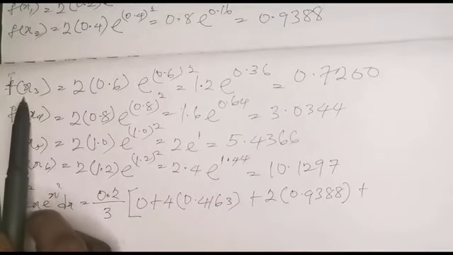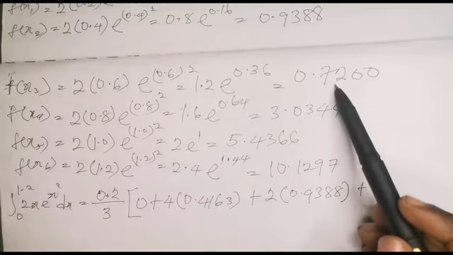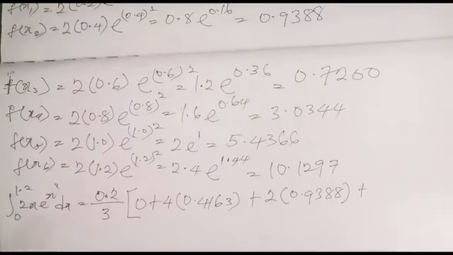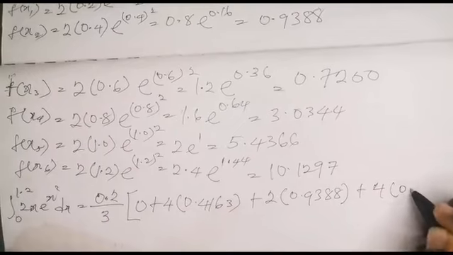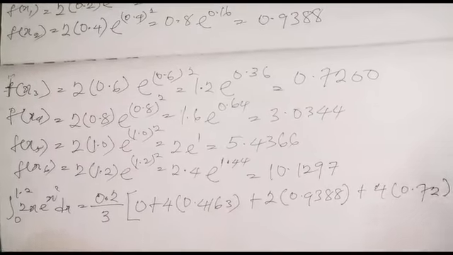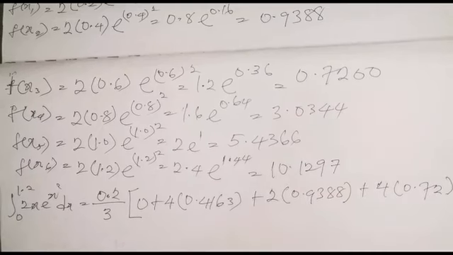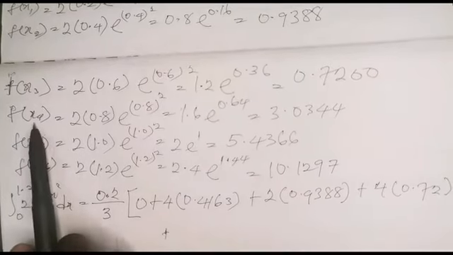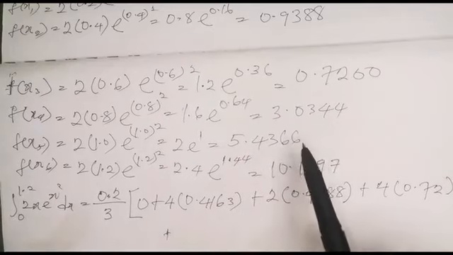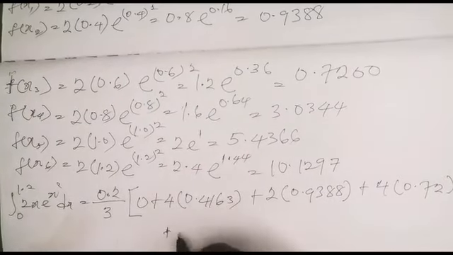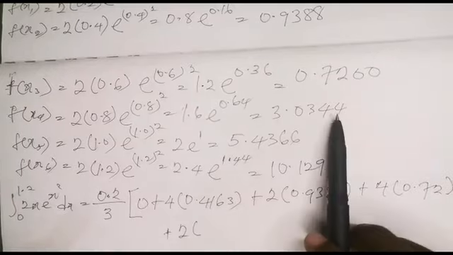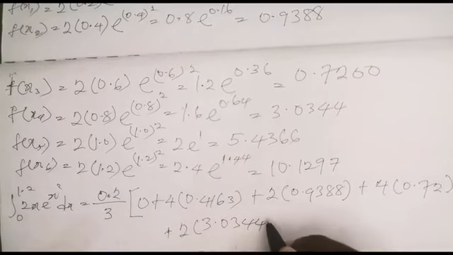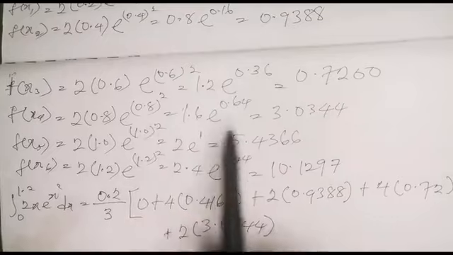So we multiply f of x3 by 4, and f of x3 simply gave us 0.7200. So this is now going to be plus 4 multiply 0.72, approximately, same as 0.7200. Okay, plus after 4, now we multiply f of x4 by 2. So it becomes plus 2 times f of x4 itself, which simply gave us 3.0344.